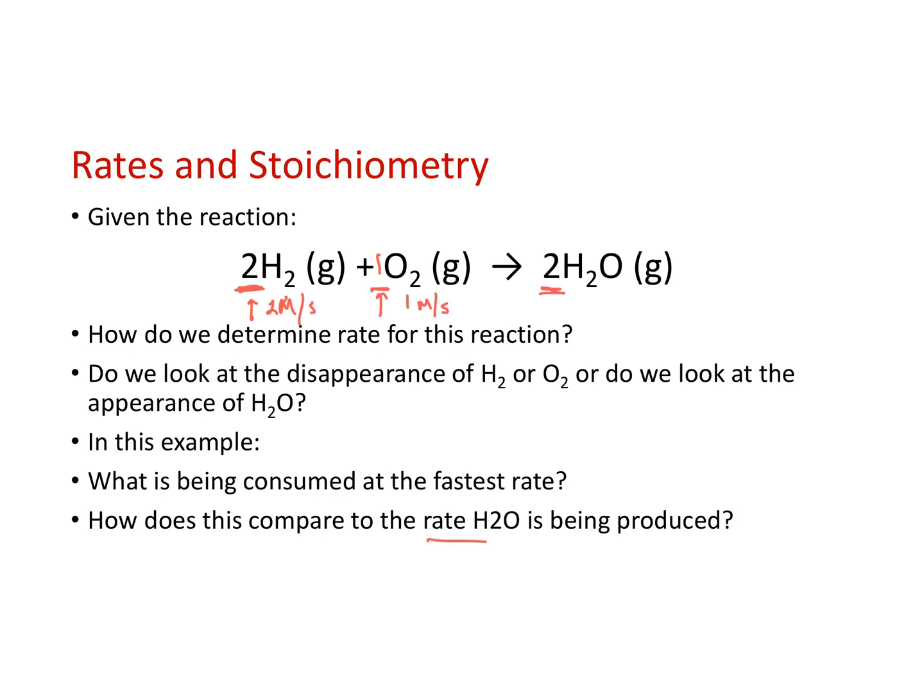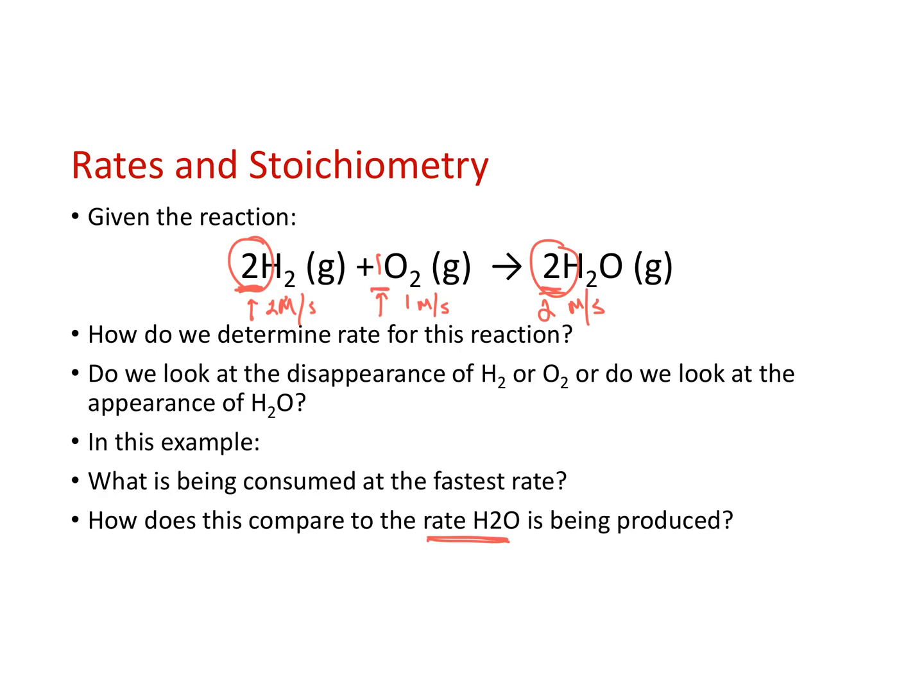How does that compare to the rate of water being produced? Well, for every 2 moles of hydrogen in, we get 2 moles of water out. So going back to our 1 cycle of this reaction in a second, if 2 molar of hydrogen was consumed in a second, that also means that 2 molar per second of water would be created.